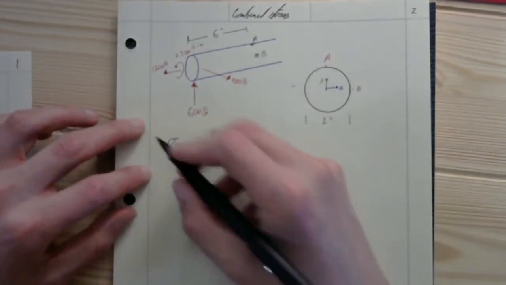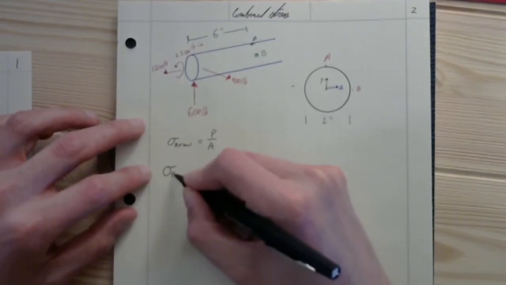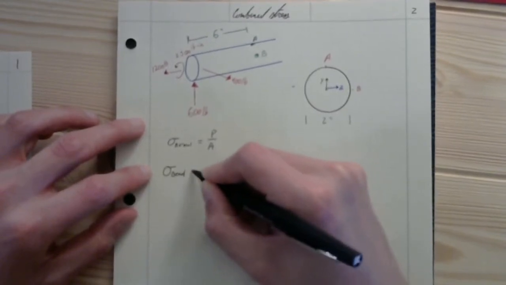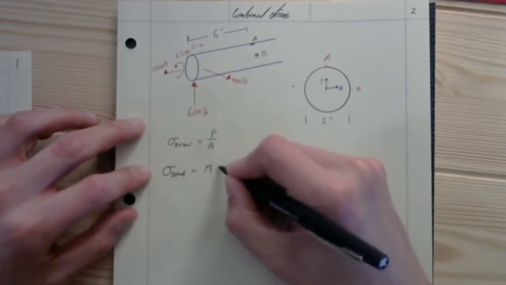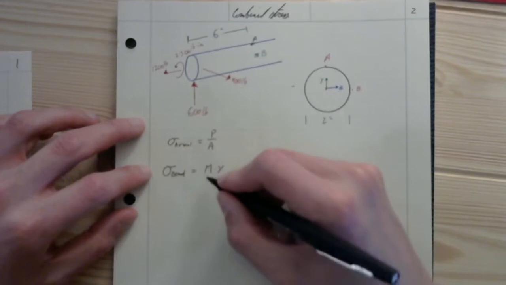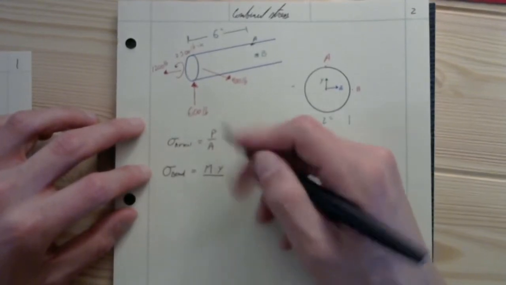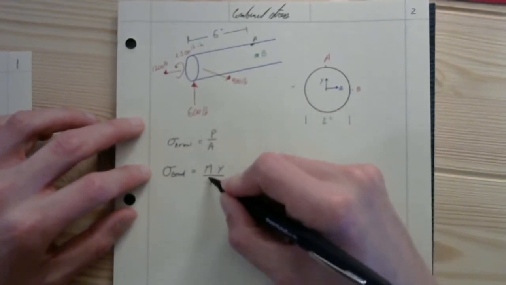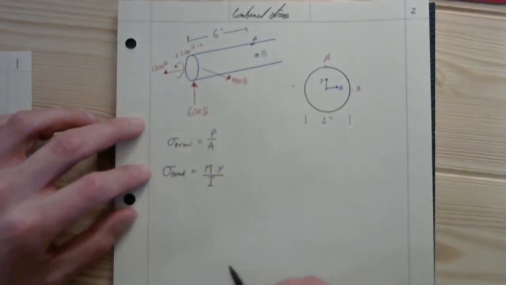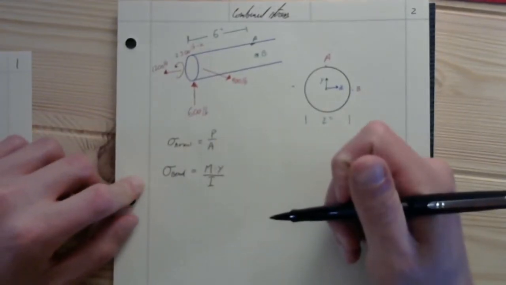We are also going to want to consider the normal stress from bending, which will be equal to moment times your distance from the neutral axis, which will be a different axis for your different bending directions, divided by your second moment of inertia. Those are what give you your normal stresses.